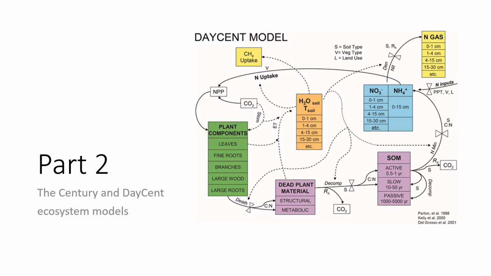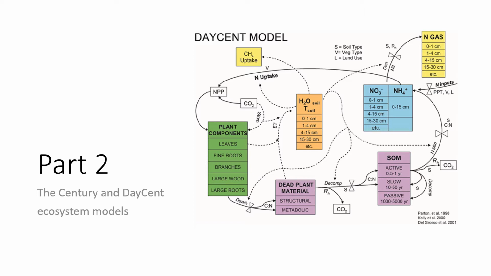So the DayCent model has a lot of pools and fluxes, boxes and arrows like you've seen in some of the examples that I showed you in part 1. But it's a little bit more detailed than the simple ecosystem model that I showed you.